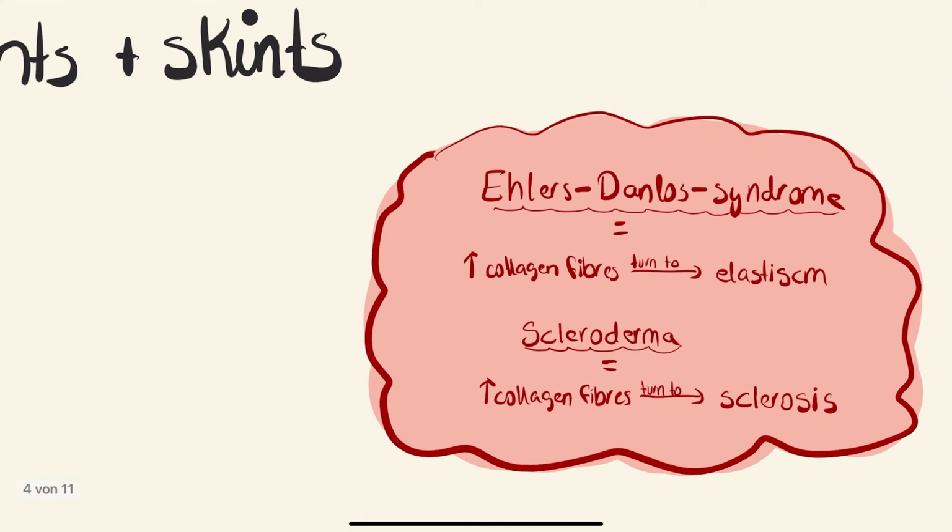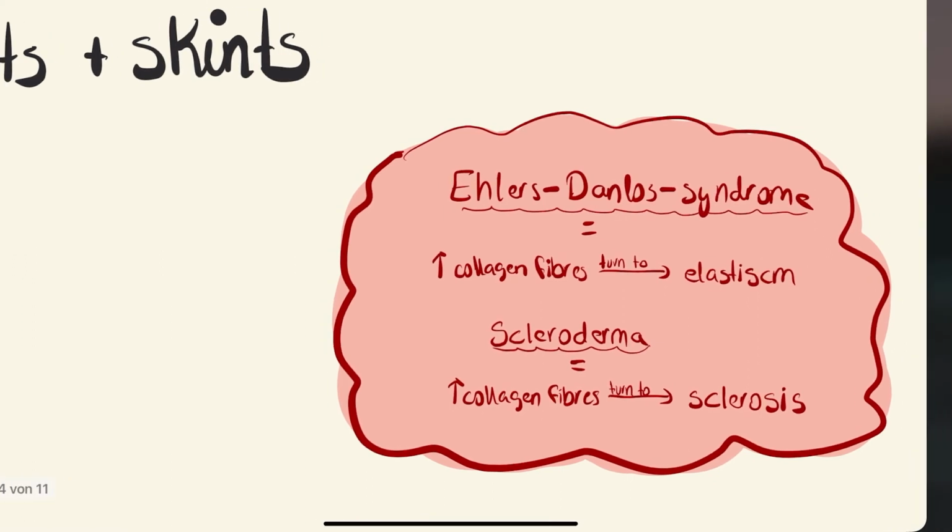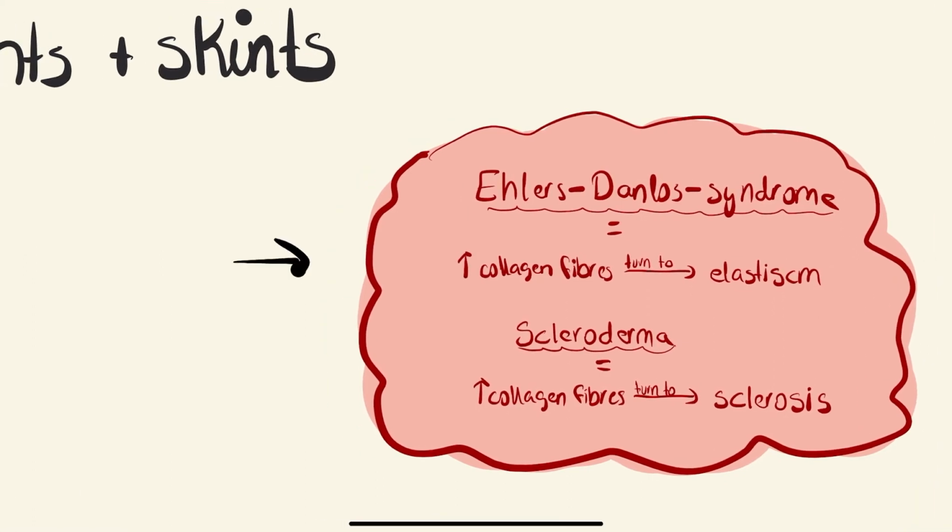In Ehlers-Danlos syndrome, the increased collagen fibers turn to elasticity, while in scleroderma the increase of collagen fibers turns to sclerosis. So we have here an elastic man, but we have here a stiff man. Elastic man, and a stiff man.